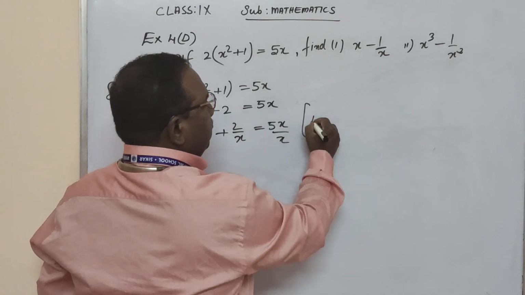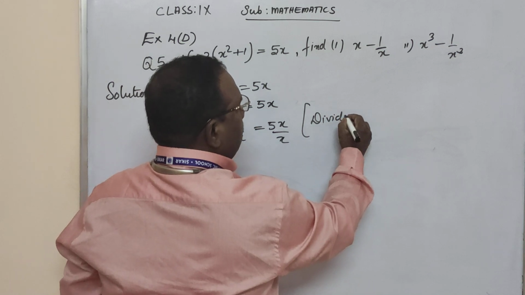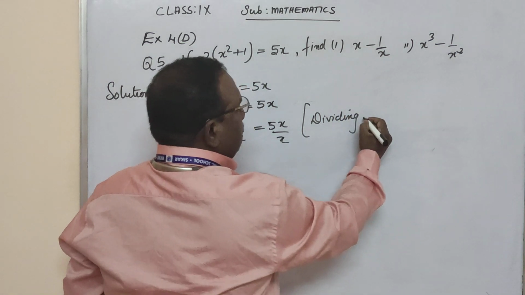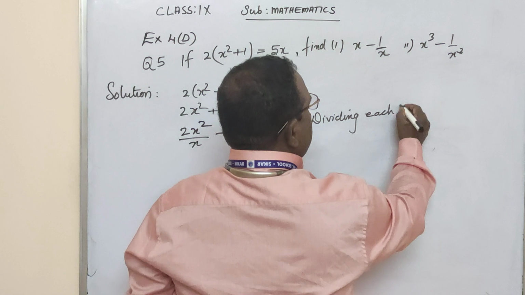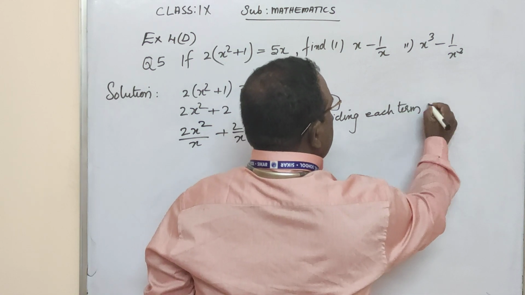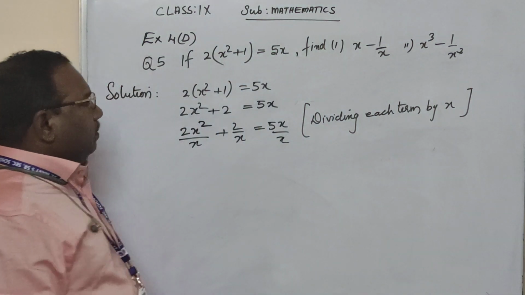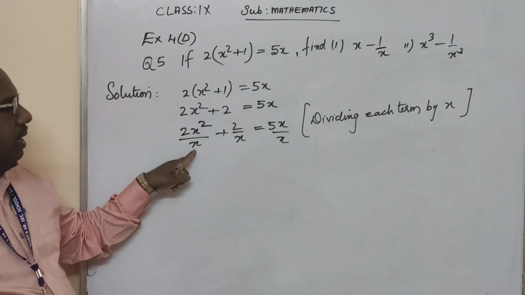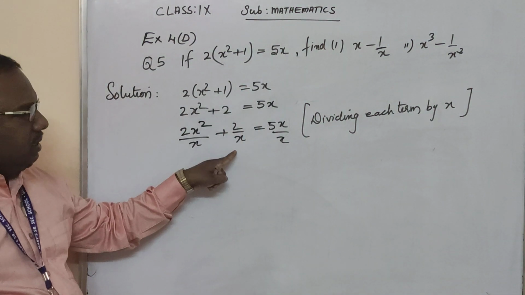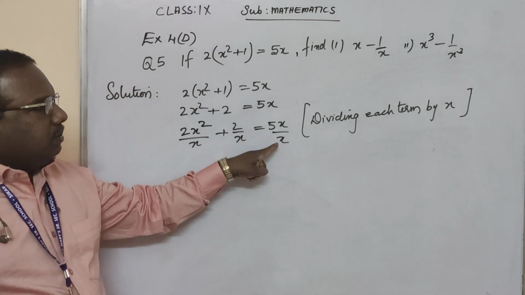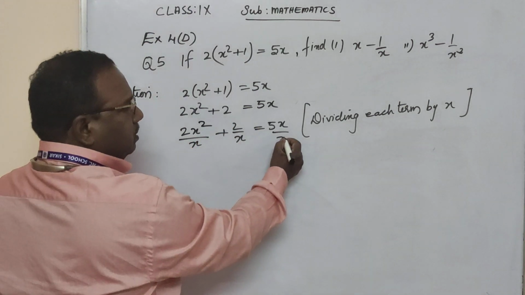Dividing each term by x, this is the reason. Divided 2x square by x, this time 2 by x, again 5x by x.